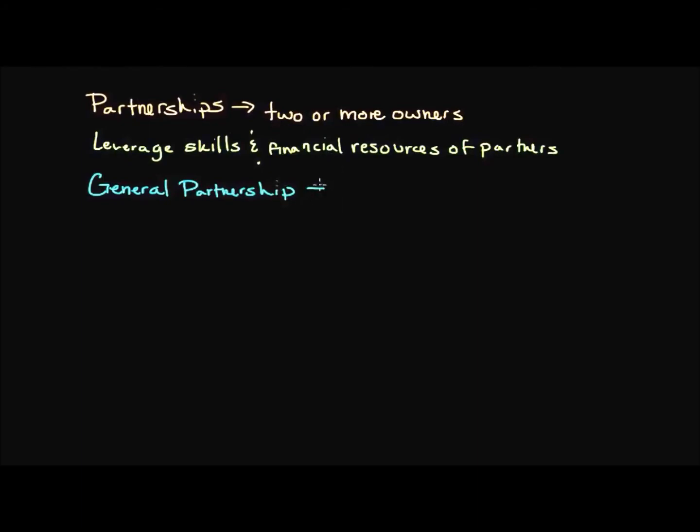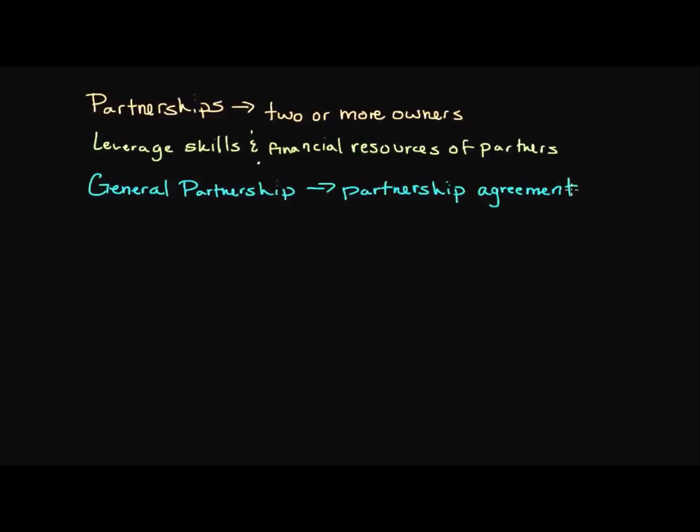Usually general partnerships have what we call a partnership agreement, although they're not required to. And a partnership agreement really outlines the specific contributions and responsibilities that each partner is going to have.